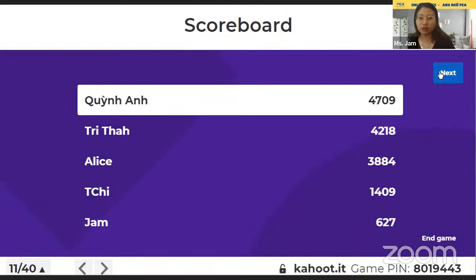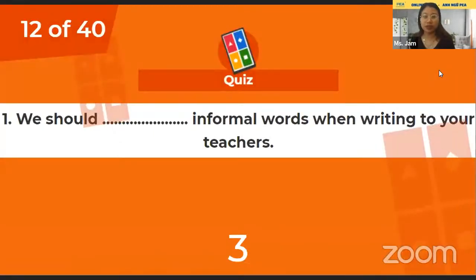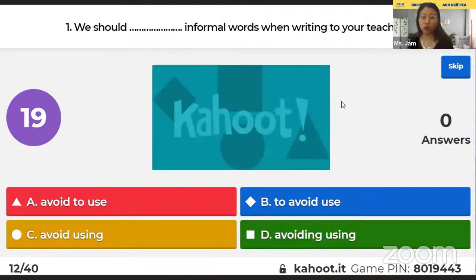And the next one here, you're going to complete the sentence. Okay, so you choose the word that will complete the sentence.